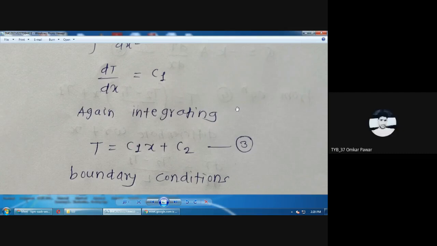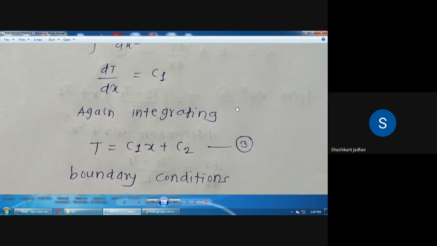No. We don't go to the equation, we have to see the diagram. In that diagram, x is equal to 0 means L is equal to 0, the thickness of the component is 0. Then what is the temperature at that time? The left hand face is there, and on the left hand face what is the temperature? T1. So at x is equal to 0, T is equal to T1.